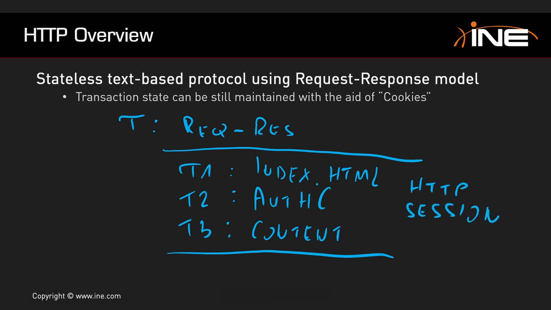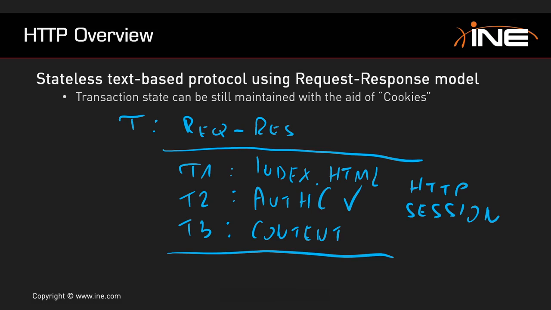Okay, and now the problem with HTTP in general is that the protocol is completely stateless. A server has no way to remember the information that was previously exchanged with its clients. Like in our case, when a client authenticates to a server using this second transaction, this information is normally not stored, is not remembered by a client or a server.